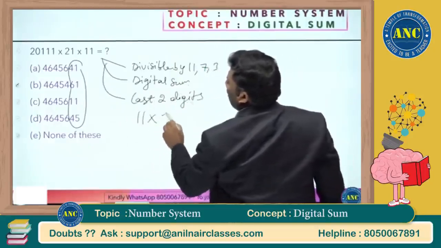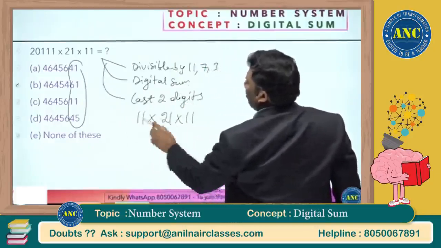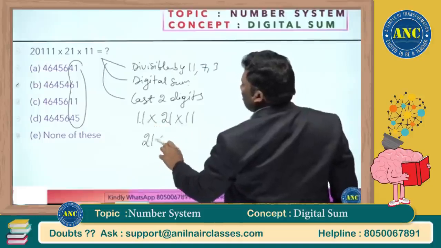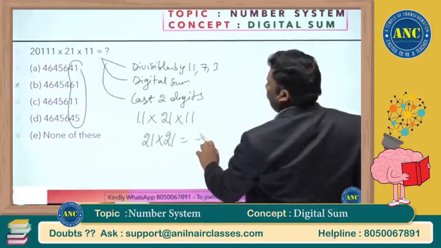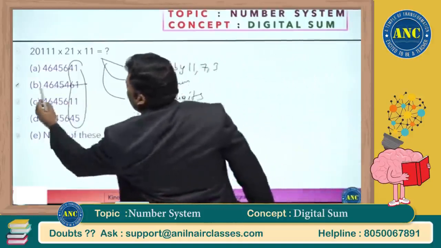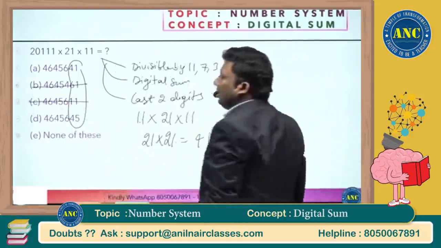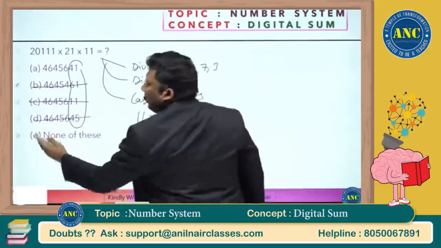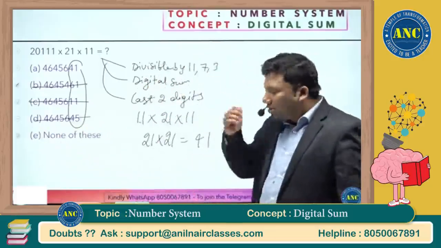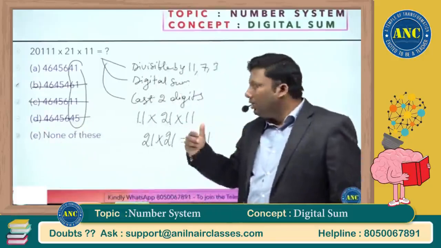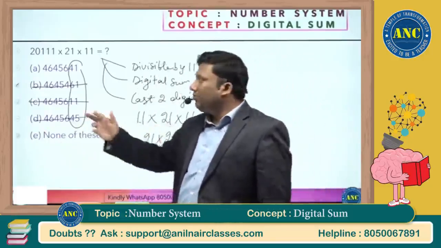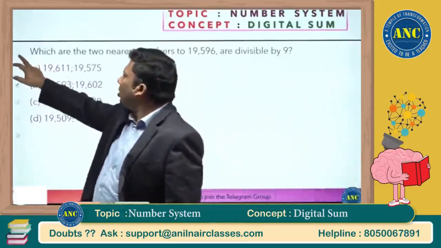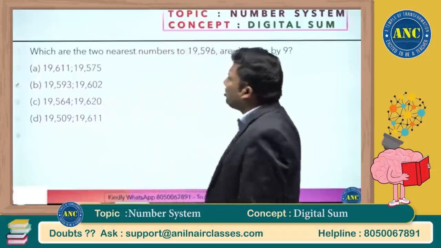Last two digits is 11 into 21 into 11. 11 11s are 121. 21 square is 441. Just by looking at the question itself, B, C, D are eliminated. Option A and option E, by using digital sum, cross check whether they are right or wrong.